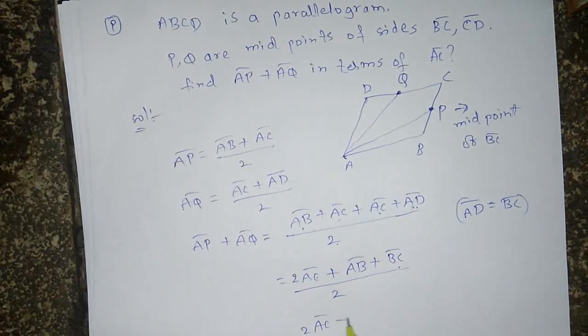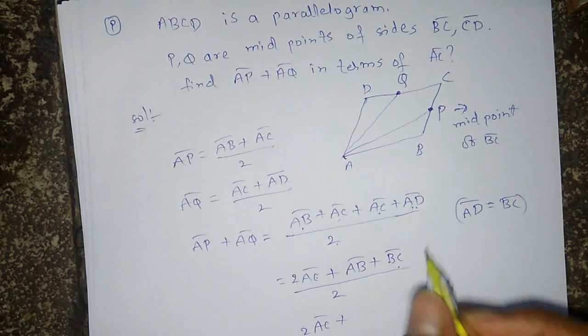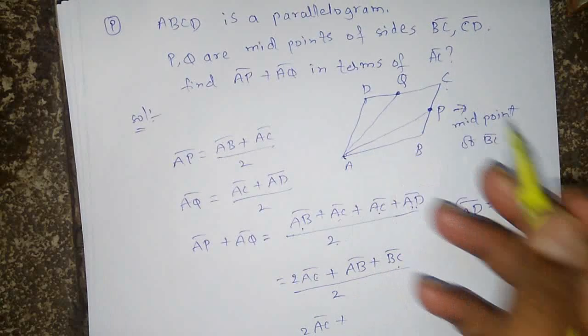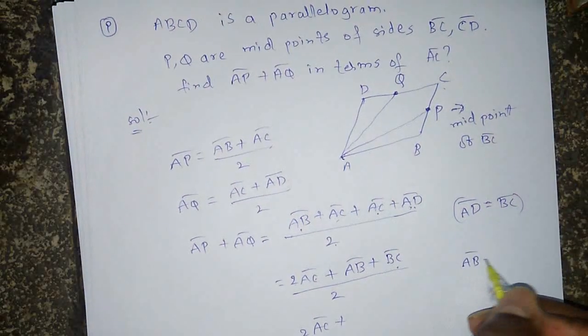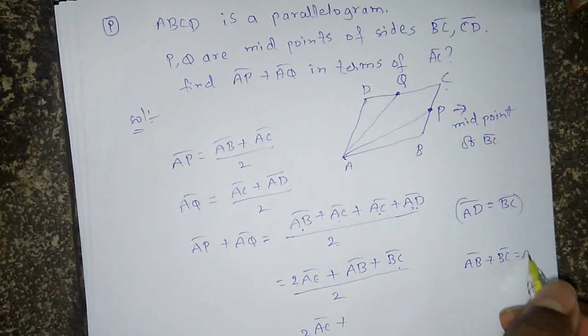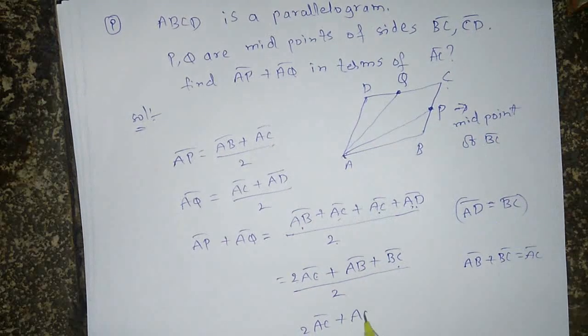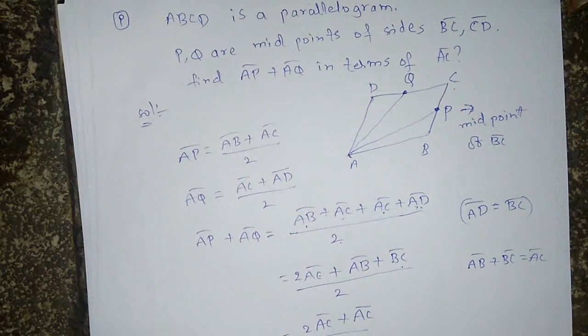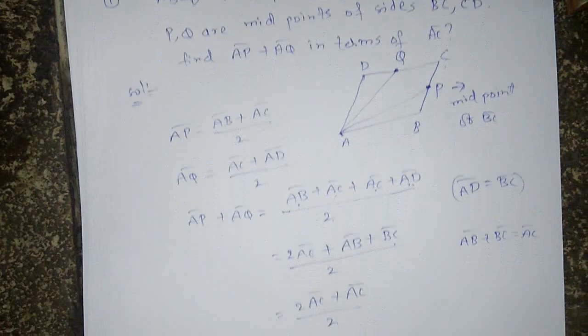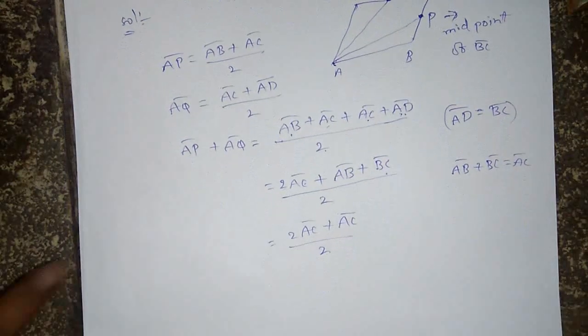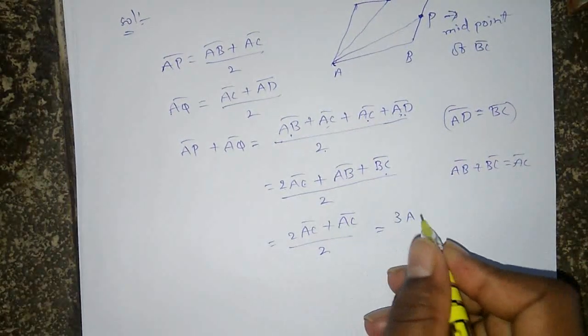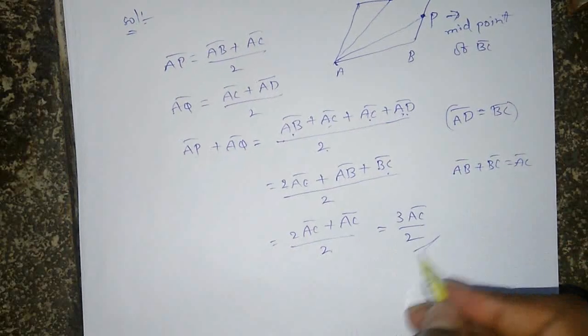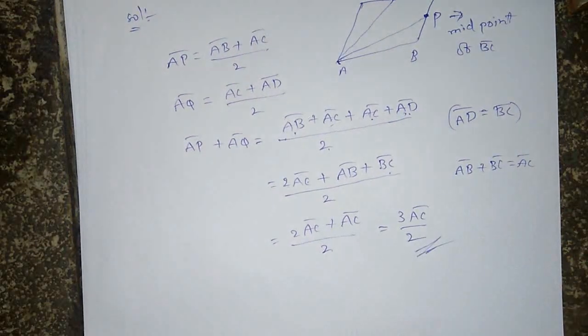This is 2AC bar. Now AB bar plus BC bar, from the triangle law, AB bar plus BC bar is equal to AC bar. So that is AC bar divided by 2. Now this is equal to 2AC bar plus AC bar by 2, that is equal to 3AC bar by 2. That is the required answer.